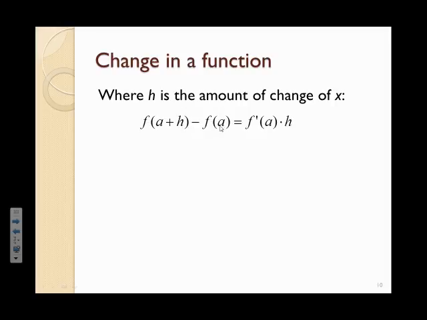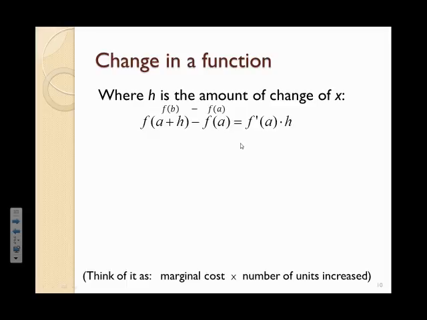If we look at the slope at 500, the f prime of a, and multiply it by the change, it's the same thing. We'll see this in just a minute.